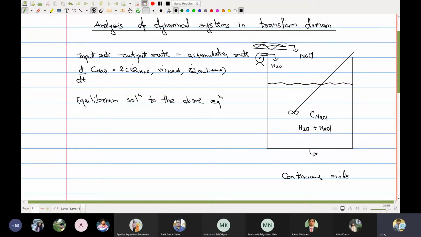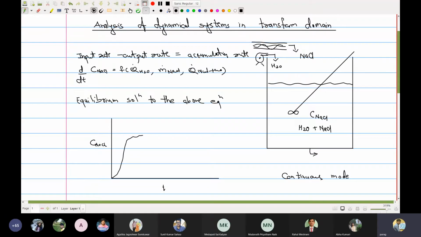So now why should you worry about the equilibrium solution of the above equation? Because once you reach the equilibrium solution, what's going to happen? You plot time t against concentration of NaCl in the plant, and there would be initial transients depending upon how this equation looks.